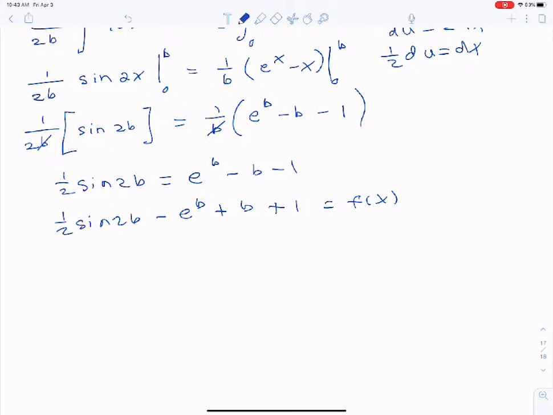We get 0.5 times, I'm going to say the sine of x minus e to the x. I don't even know where that button is on my calculator. I literally don't know where that button is. Oh, there it is. e to the x plus x plus 1. Let's graph that.